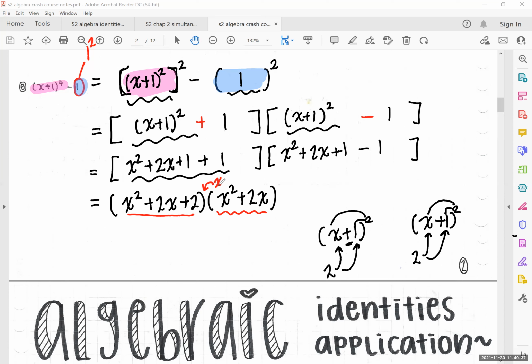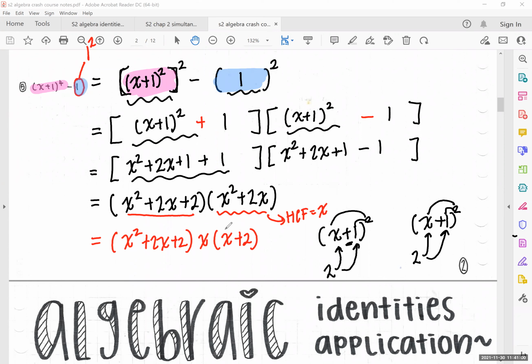A lot of students will put it in the middle, which is wrong. You cannot put it in the middle. This one, the HCF is x. So where do I put the x? If you write x squared plus 2x plus 2, then go and put the x here, then bracket x plus 2, it's wrong. Is there a square bracket in front of the x?